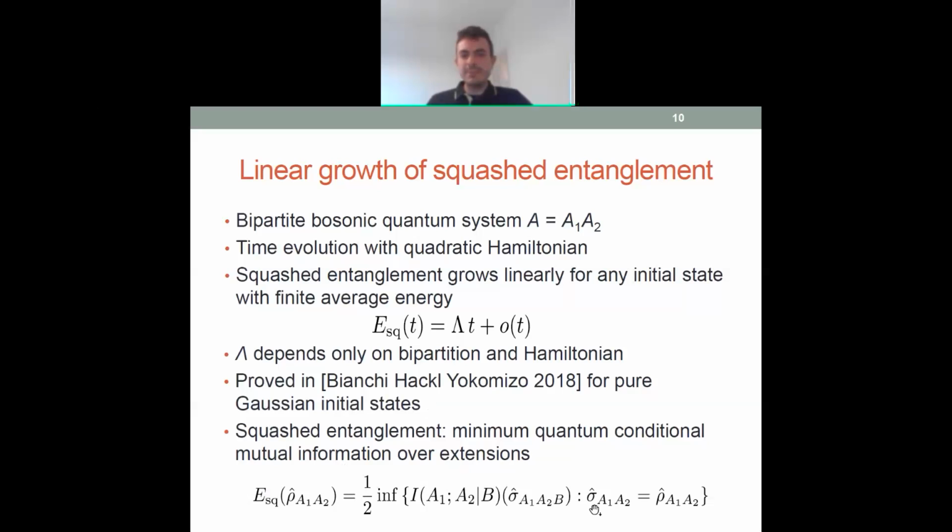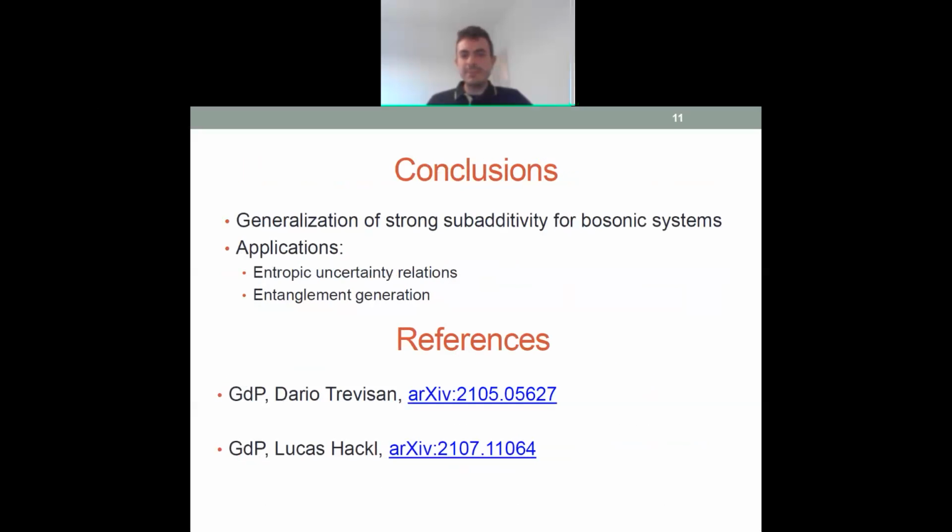Okay, so now I can come to the conclusion. We have proved a generalization of the strong subadditivity inequality for the von Neumann entropy that applies to bosonic quantum systems and applies to generic subsystems. So the subsystems no longer need to be disjoint, and their union does not need to be the global system.